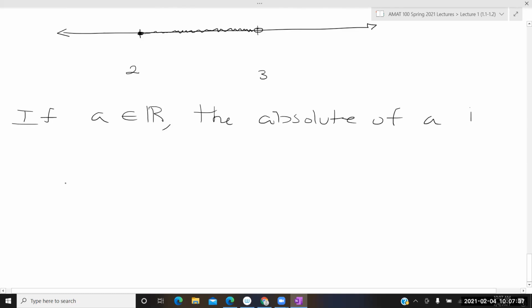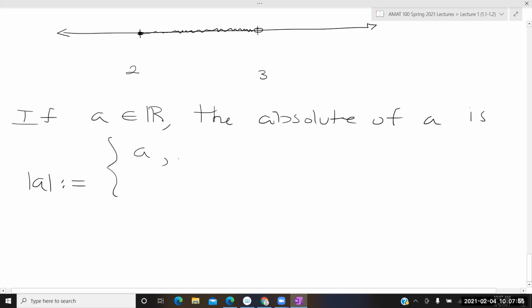of A is defined to be, so this is the absolute value, these vertical lines enclosing A, and I'm telling you what it means. I'm giving you a definition. It's a multi-part definition.